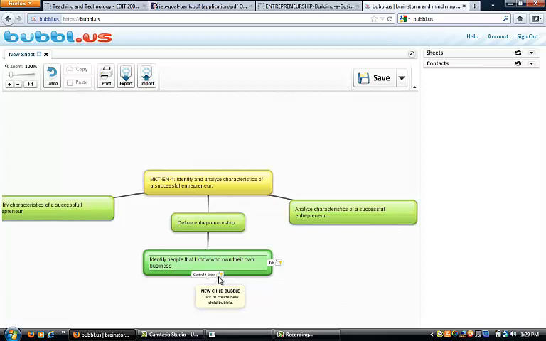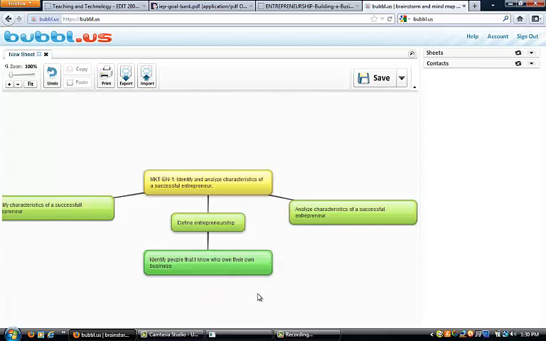So I know that my central point is by identifying people that I know or have seen or am cognizant of. Perhaps your students don't know of people in the neighborhood, or your clients don't know of people in the neighborhood, but they can identify people that they've seen on TV that are successful entrepreneurs, whether it be somebody like Donald Trump or something like that. So it's all relative, but basically you're going to start right there.